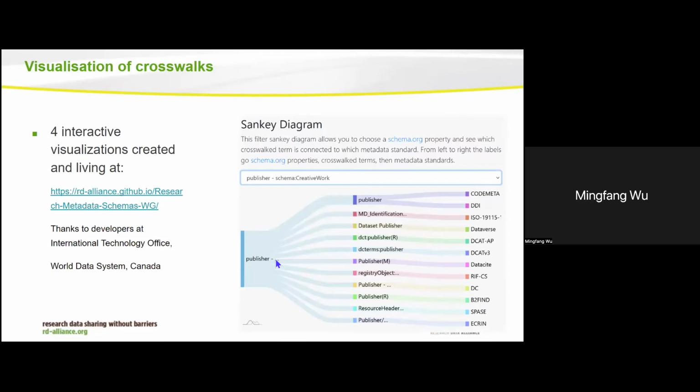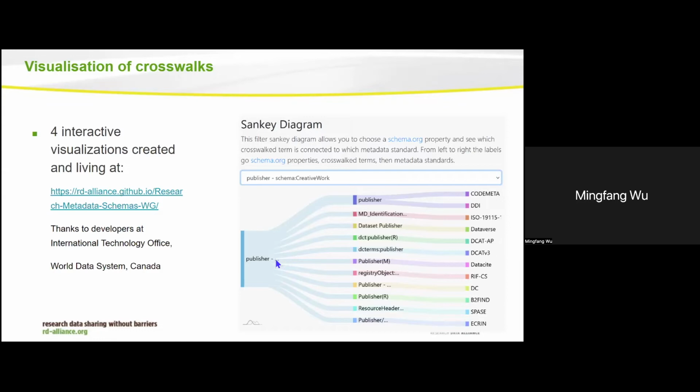Thanks to the International Technology Office, Karen Pang, who put resources to develop these visualization tools. So if you want to do the mapping, you could choose a property.